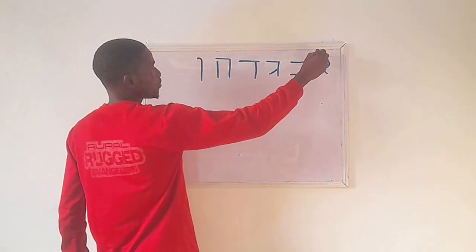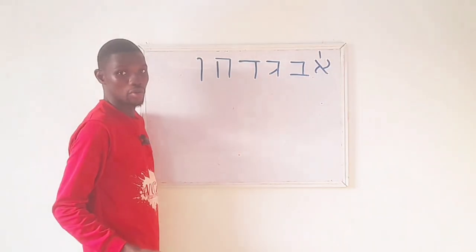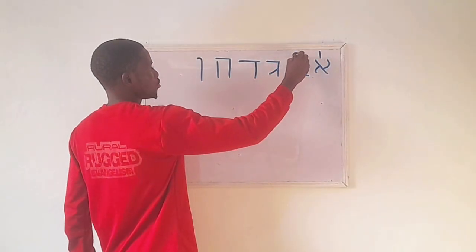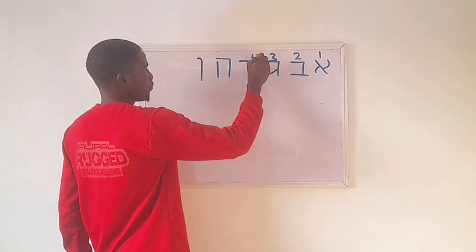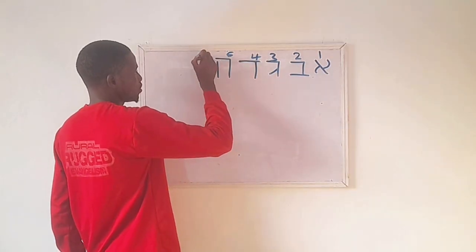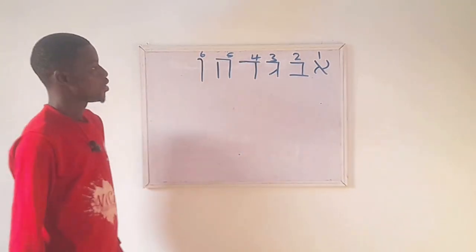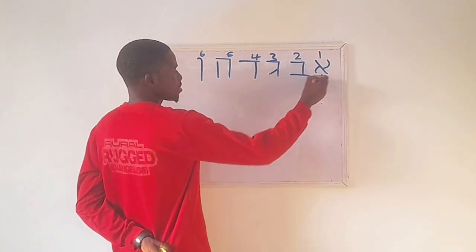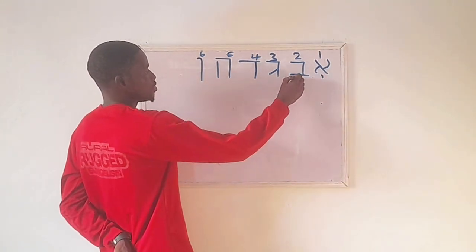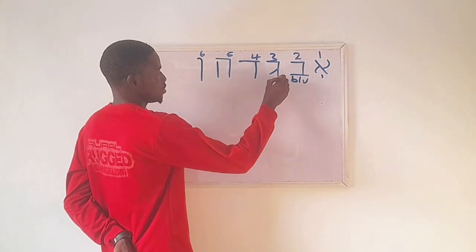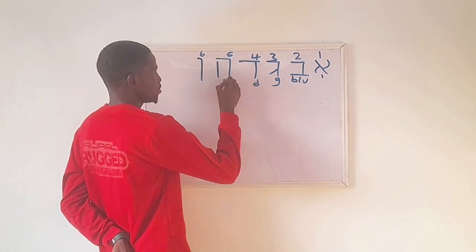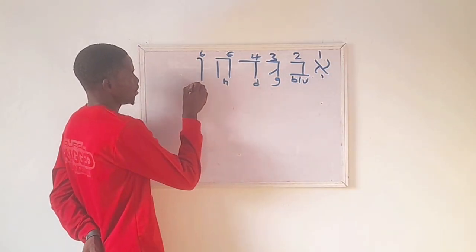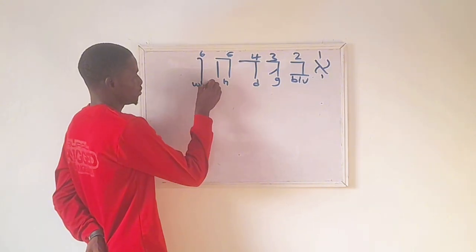So let me put the numerical value on top. Numerical value 1, 2, 3, 4, 5, 6. Okay, so this one is silent. This is B or V. This is G. This is D. This is H. This is W or V.